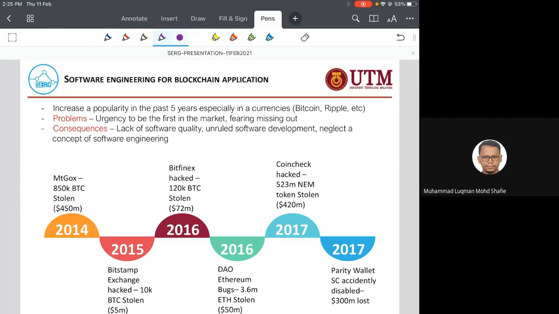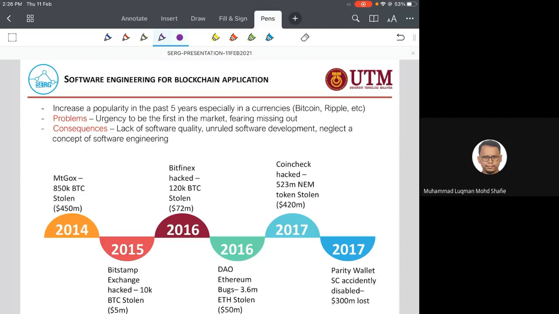Maybe you can check after this. So the increasing popularity of blockchain, especially in the past 5 years, makes agencies want to be first in the market, fearing missing out.